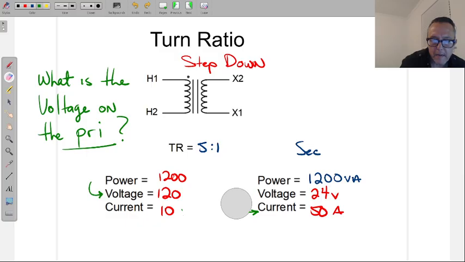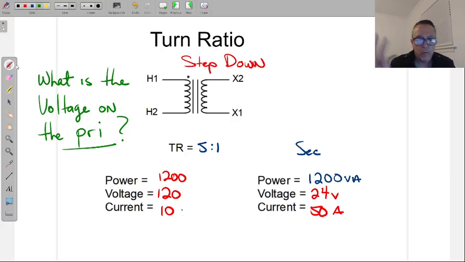We'll do a few more examples as we get into doing other examples, because I want to show you guys how to connect these. And then when you connect these, you're also going to be doing turn ratios and coming up with these. So we'll do more examples of the Ohm's law.